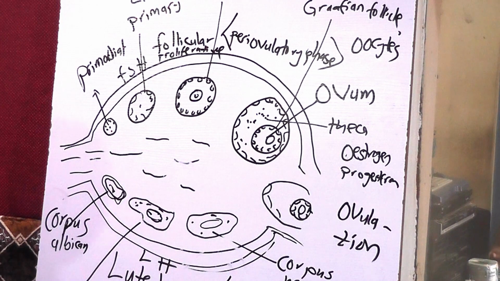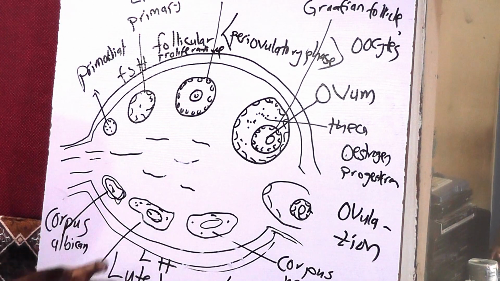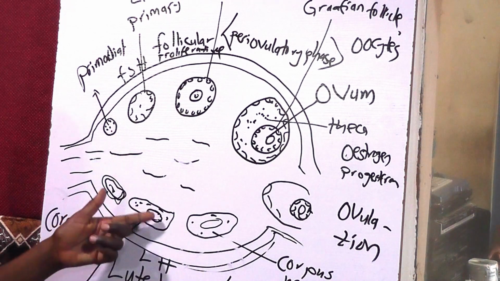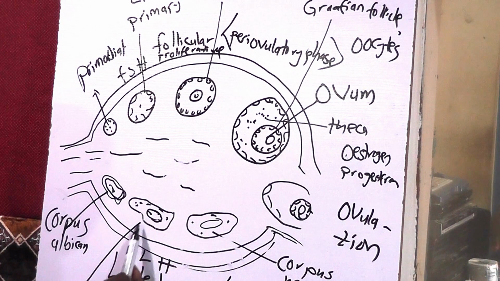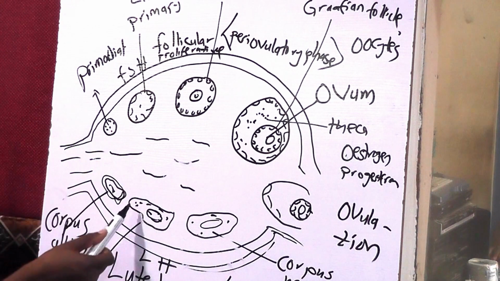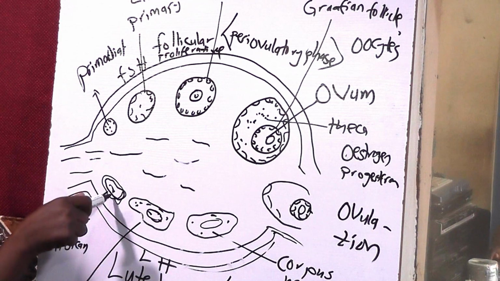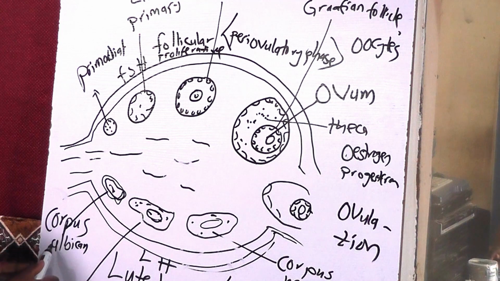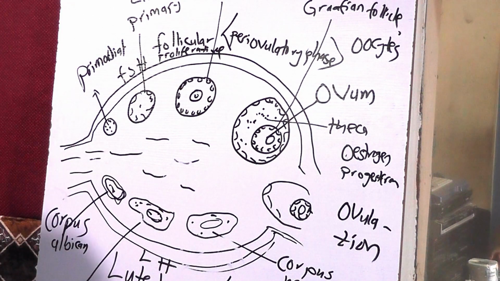Then in the luteal phase, the ruptured follicle becomes filled up with blood and is known as the corpus hemorrhagicum. Then physical changes continue, and a yellowish substance fills up the corpus hemorrhagicum, and it is now known as the corpus luteum. The corpus luteum continues to undergo degeneration and becomes the corpus albicans, which becomes the atretic follicle, and it is absorbed by the body.